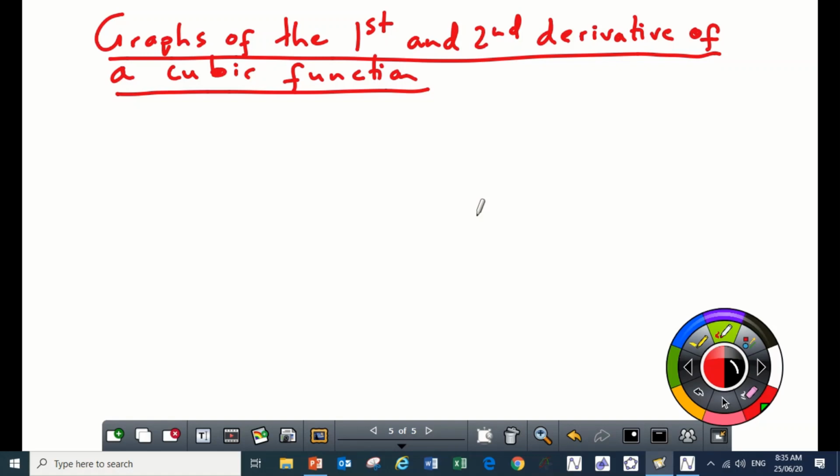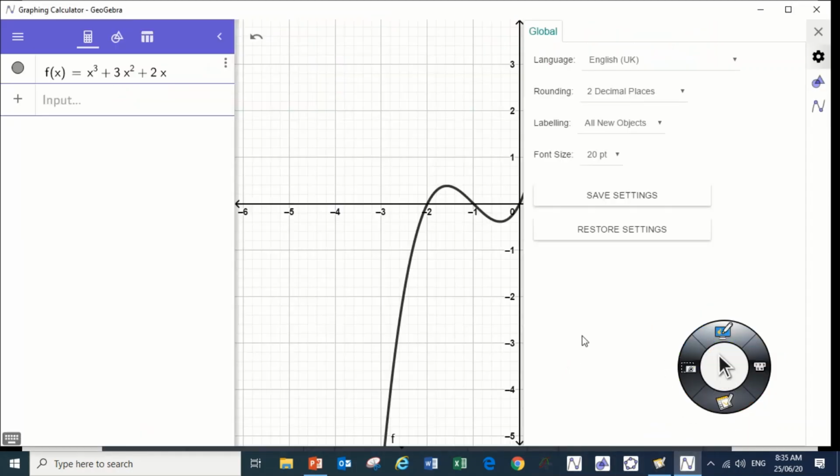So I just want you to write this down. For example, I have a function here that's x cubed plus 3x squared plus 2x.